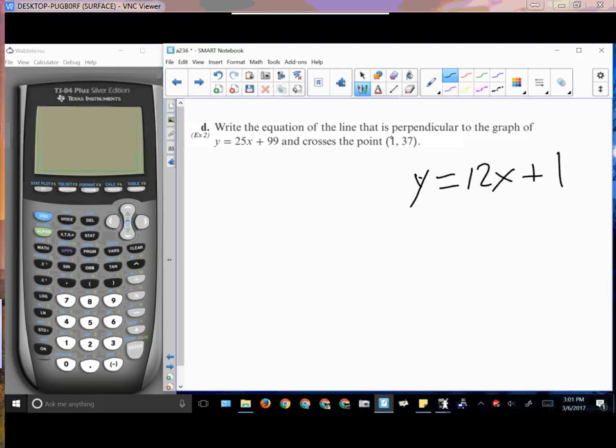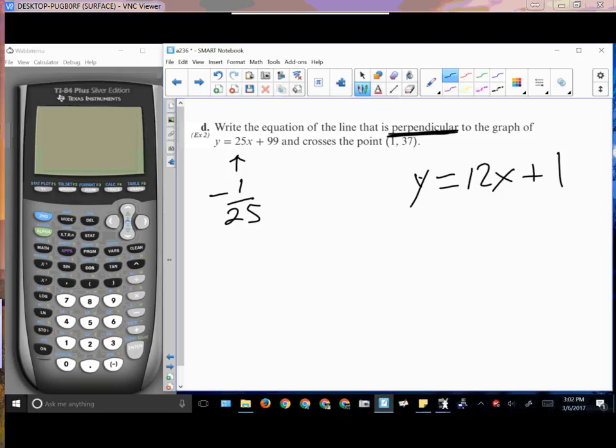Now, this has got to be perpendicular, correct? So, this slope is 25, so perpendicular slope is going to be negative 1 over 25. So I know what you did, because you ended up subtracting 25 from 37 to get 12. Let me finish.